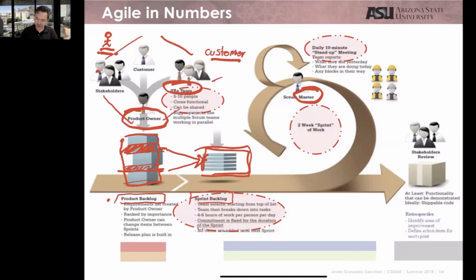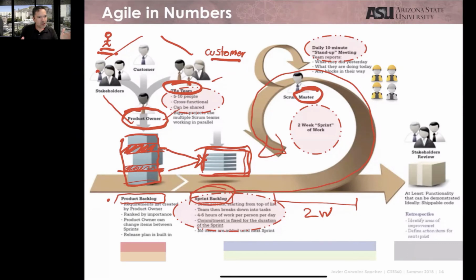After that, with whatever you put here, you start working. And all this loop here is this period of 2 weeks in which you are going to be working on the product. 2 weeks. Now, obviously, your goal is to complete everything that you put here.